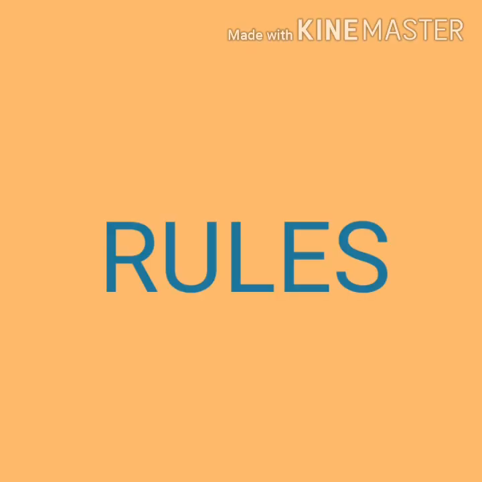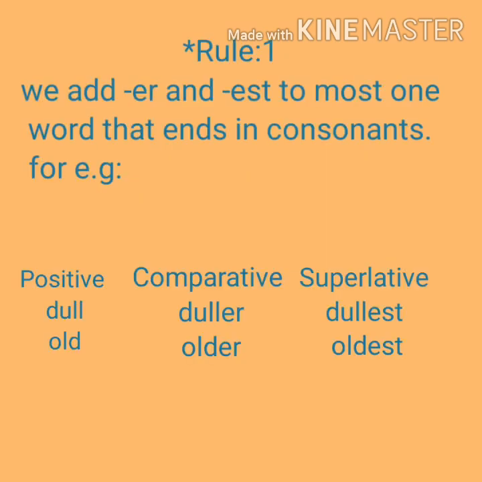In order to form comparative and superlative degree of adjectives, remember the following rules. Rule 1. We add ER and EST to most one syllable words that end in consonant sounds.